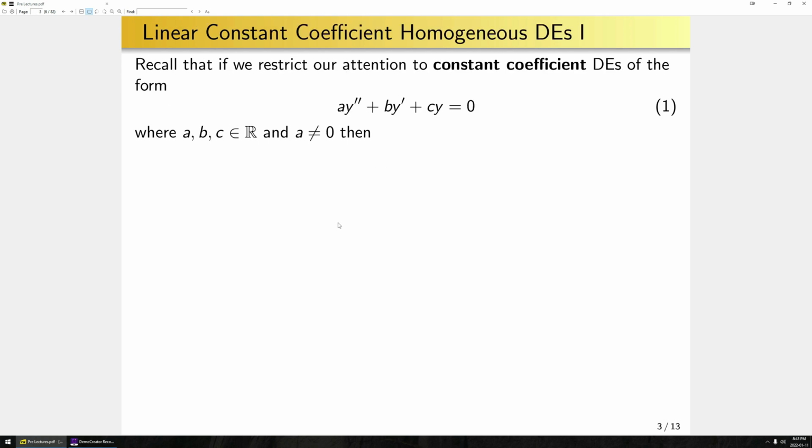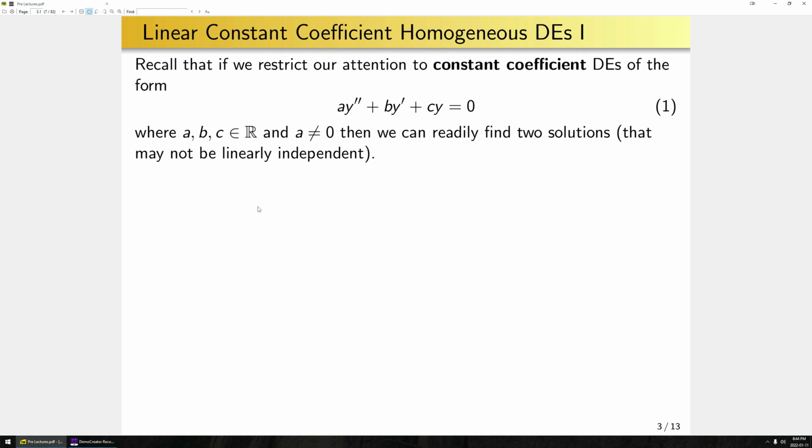The first thing that we're going to do here is continue from our previous discussion. Recall from last lecture that if we restrict our attention to differential equations of this form, where a, b, and c are all constants, and in particular a can't be zero, otherwise we only have a first order equation and we already know how to solve that, then we can readily find two solutions that may not be linearly independent or may not even be different from each other, as we'll see.